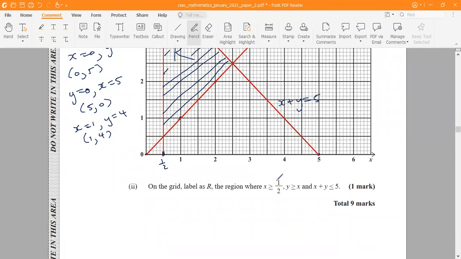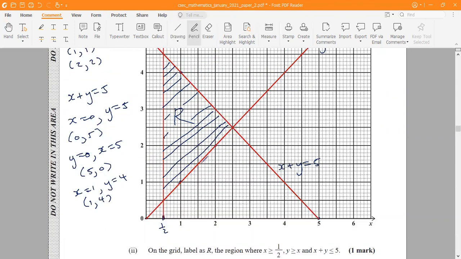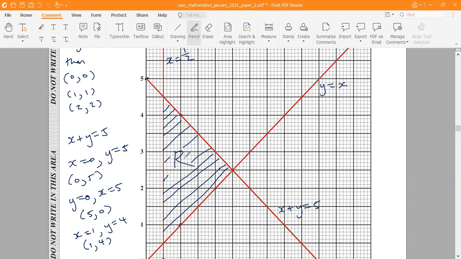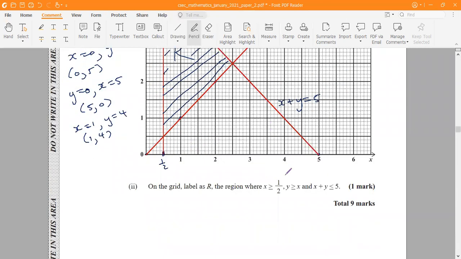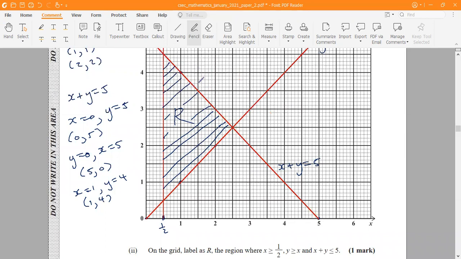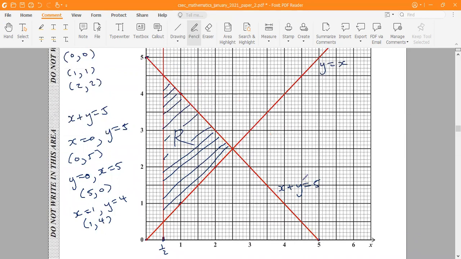It also shows y is more than or equal to x because it is above the line y equal x. So above the line, we have values where y is more than or equal to x. It also shows the values for x plus y less than or equal to 5, since it is below the line x plus y equals 5. So this is the region R that I've shaded.